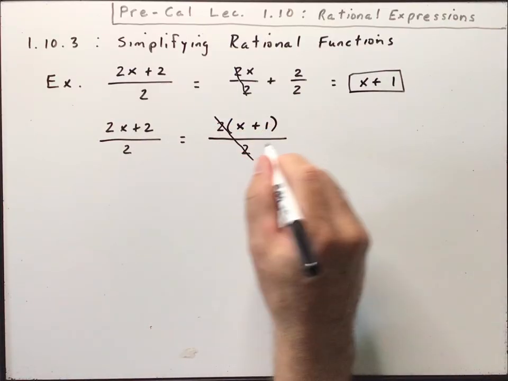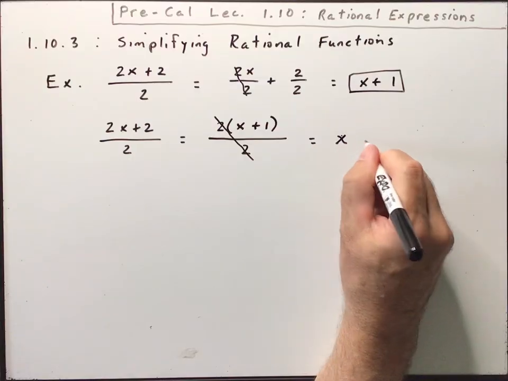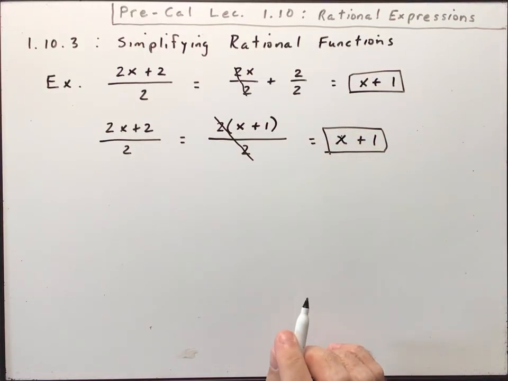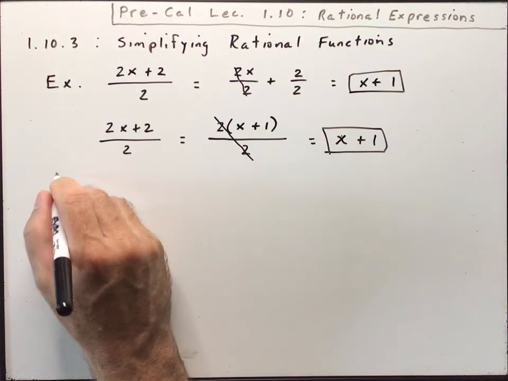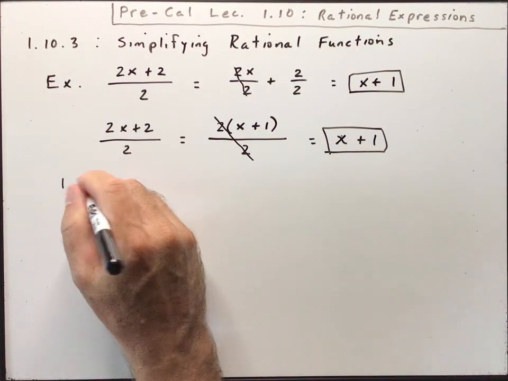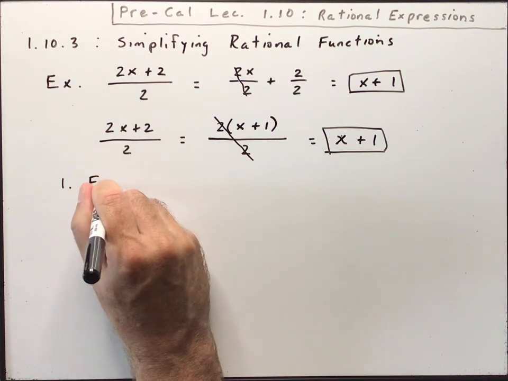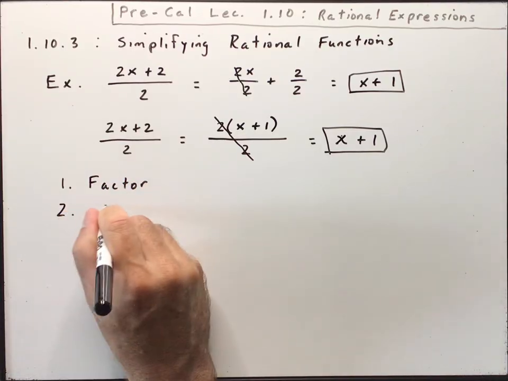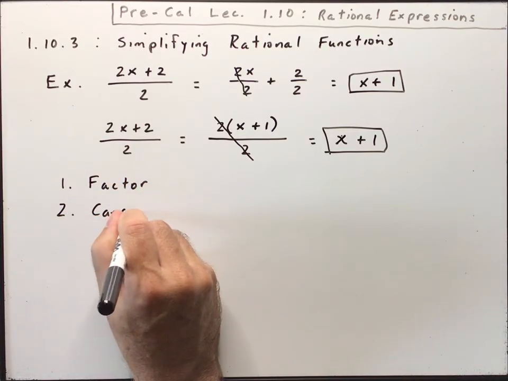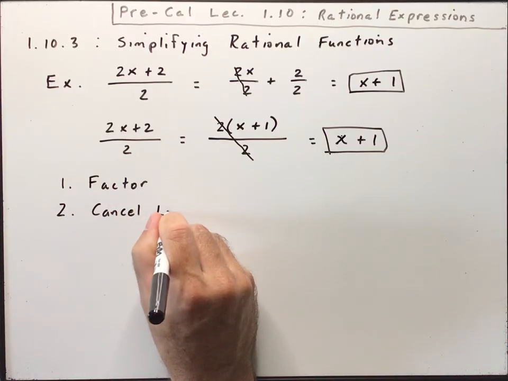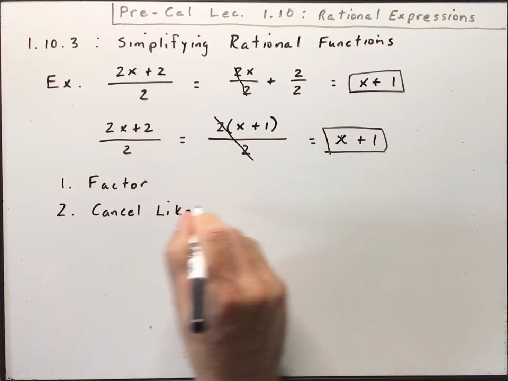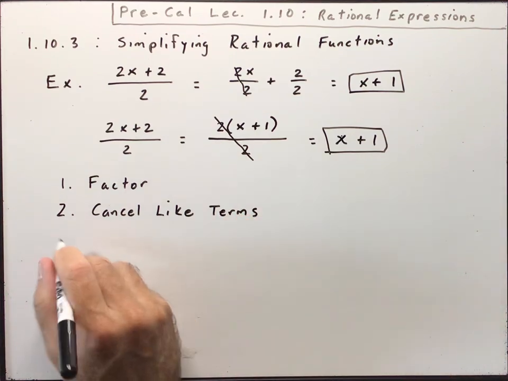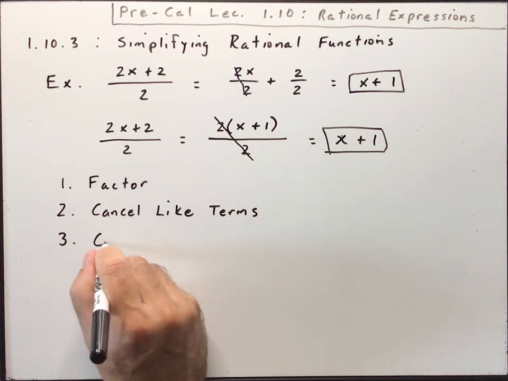And then your 2's cancel, and you have x plus 1. So our procedure is factor, then cancel like terms, and then give the domain restriction.